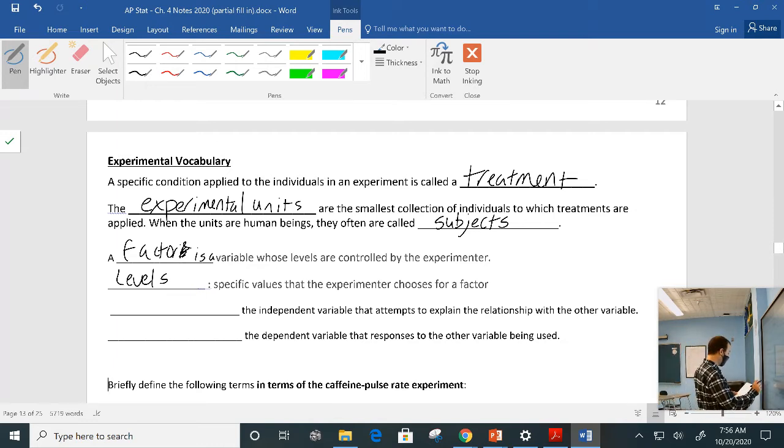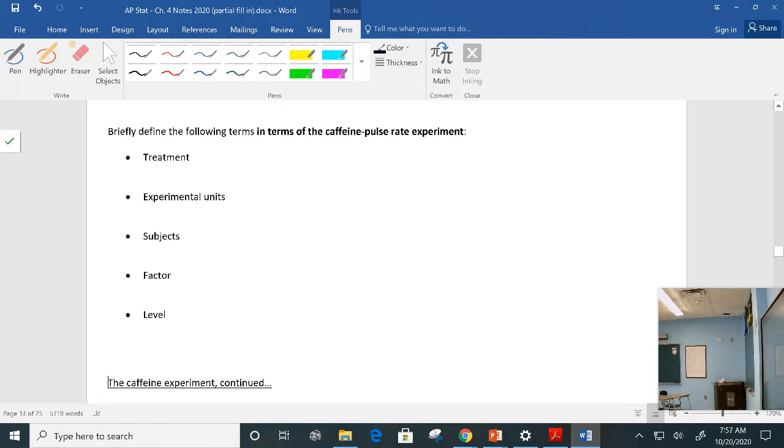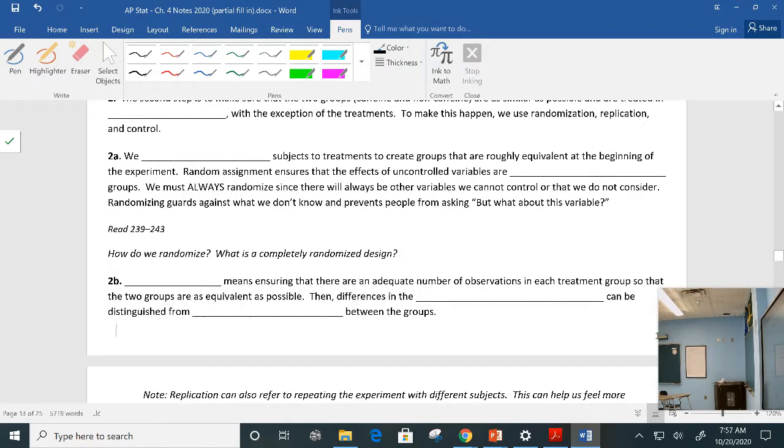And the explanatory variable and the response variable, like we talked about, are your independent and your dependent variables. We'll go through the next part in class as well.